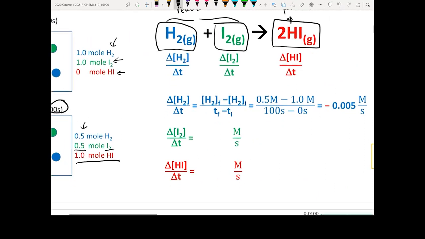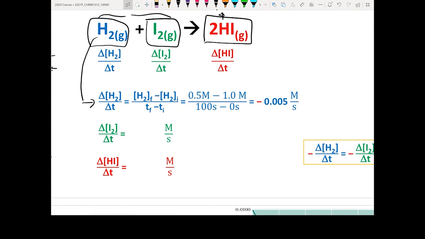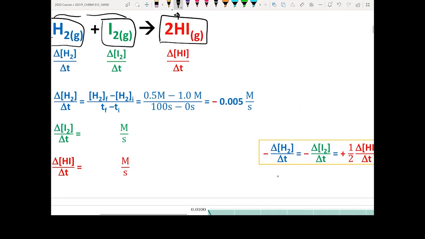If you calculate the disappearing rate of these reactants, the way you calculate it is the final concentration of H2 minus the initial concentration of H2, divided by delta T, right? The final is 0.5, the initial is 1, and then you spend 100 seconds.